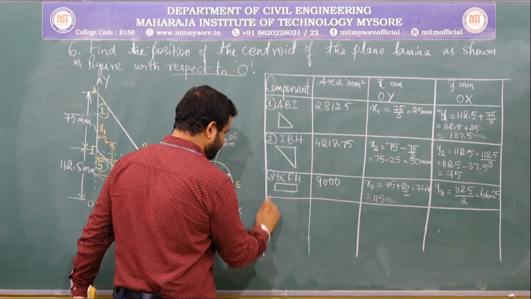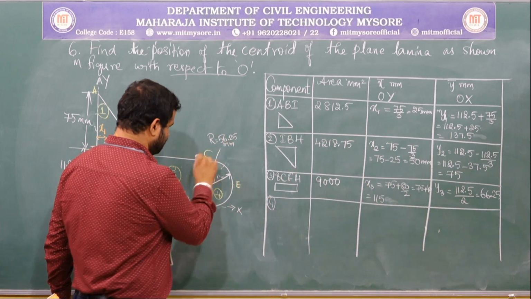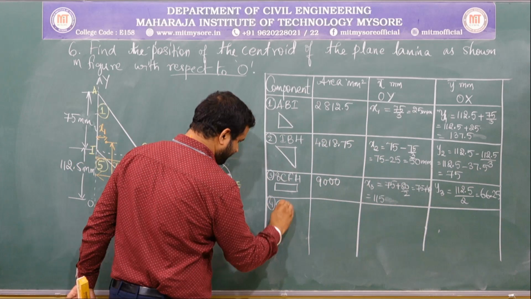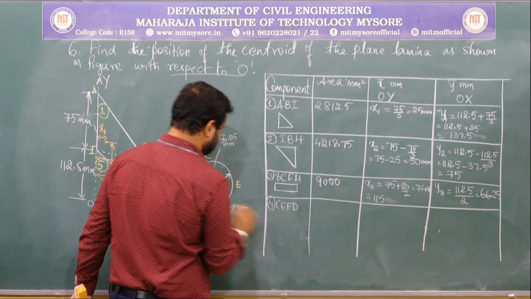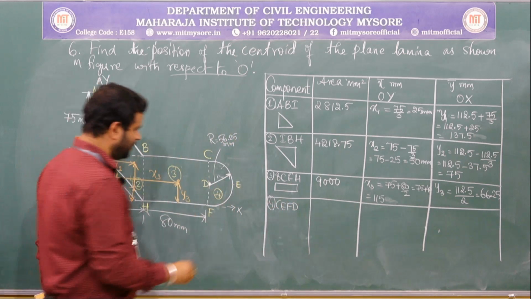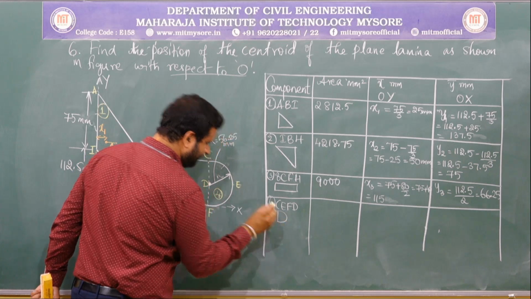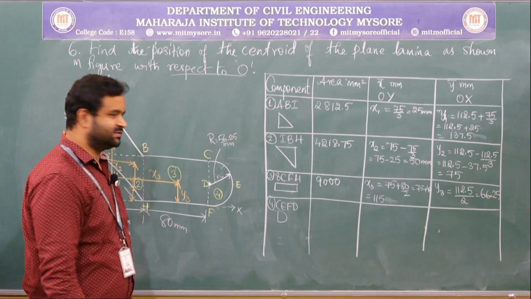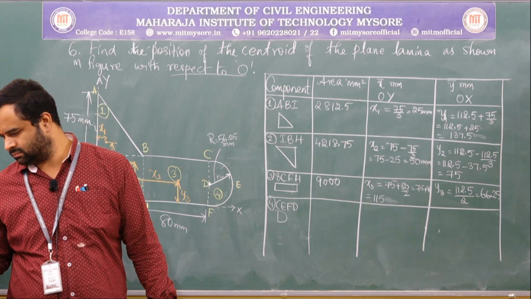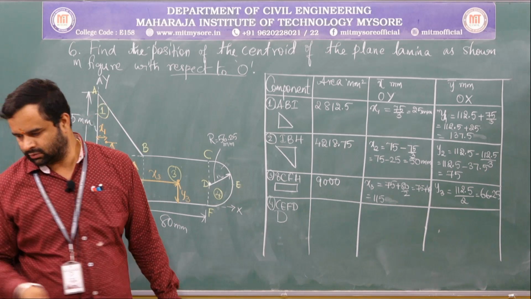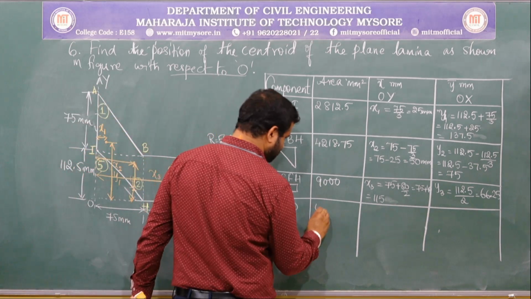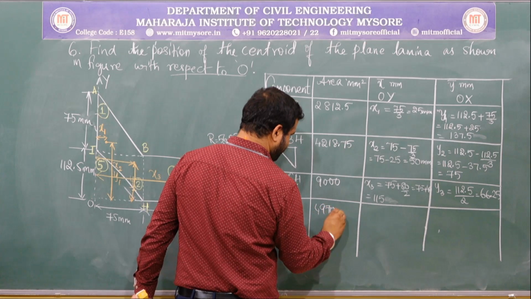Let us go with component 4, CEF, semicircle, and the area of this semicircle is 4970.1.